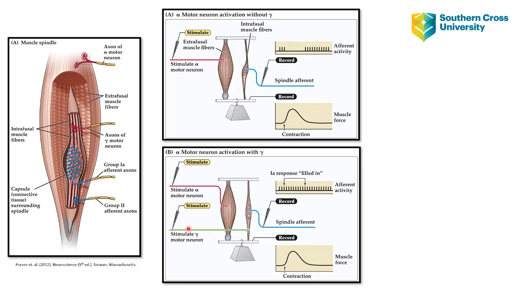And those gamma motor neurons, which are slightly smaller, and there's a little bit of a delay because they're a smaller motor unit, come in and contract the intrafusal fibers and create an environment whereby the muscle spindle is copying the length of the extrafusal fibers.